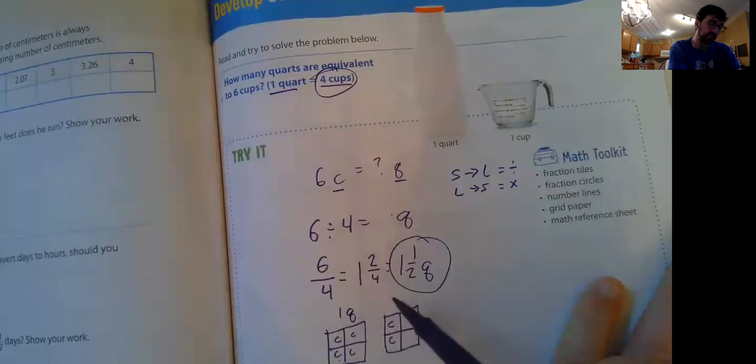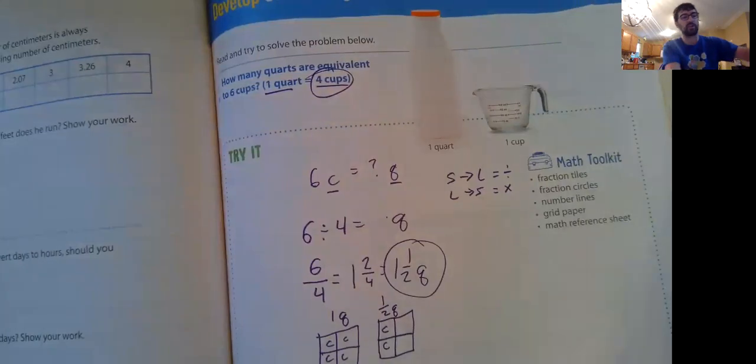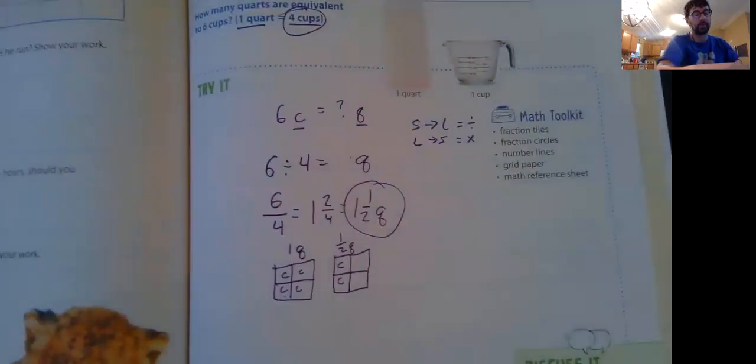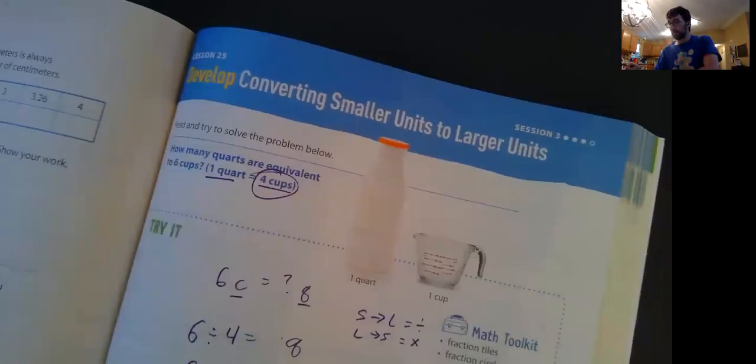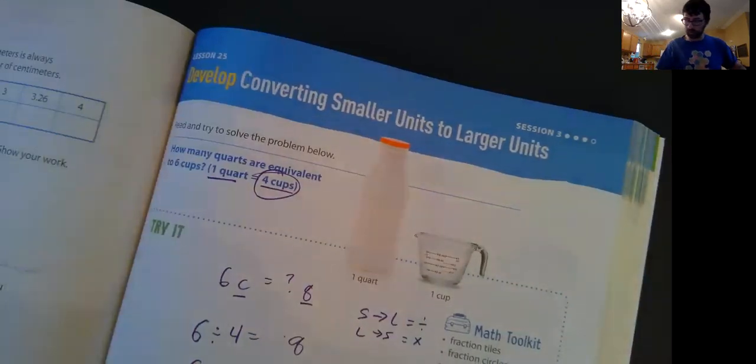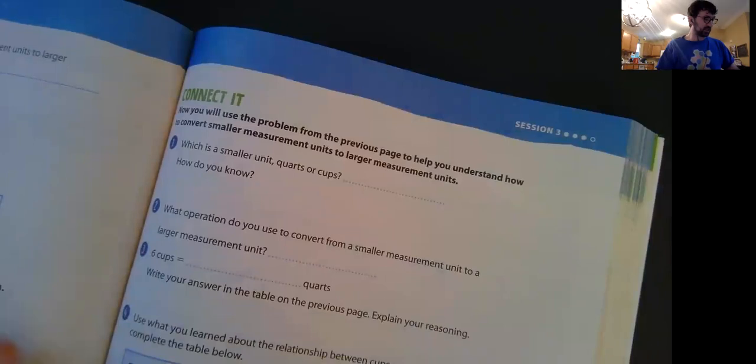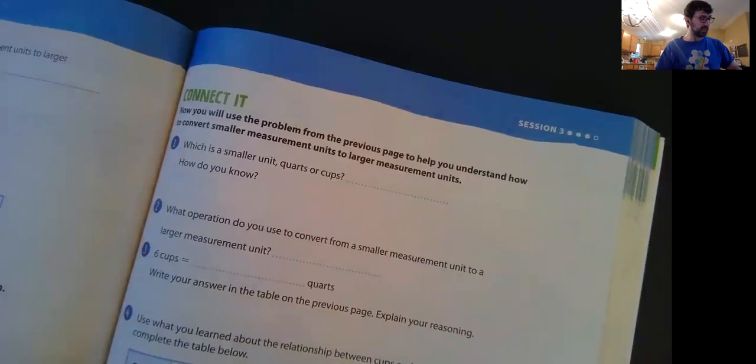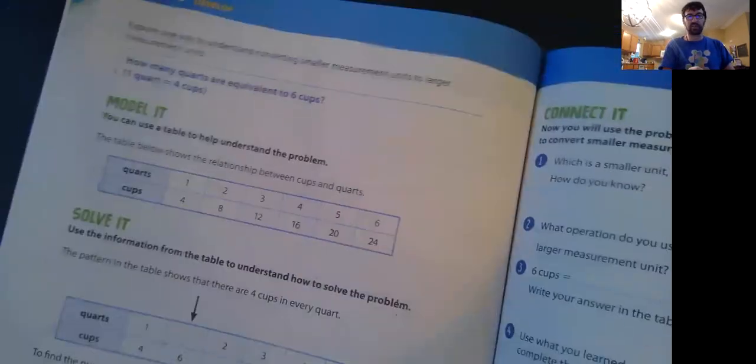And therefore, this would be half a quart, okay? And I can kind of model it in different ways as well, okay? All right, let's go ahead and jump over to 522. Again, if you want to look at some of these models and the model and solve stuff here, obviously do so.